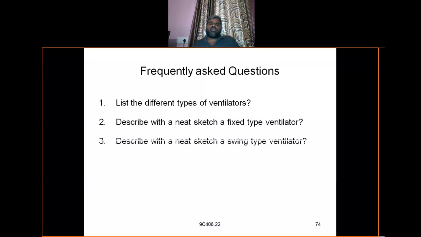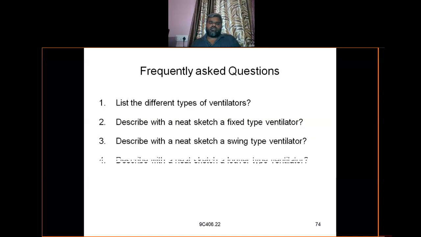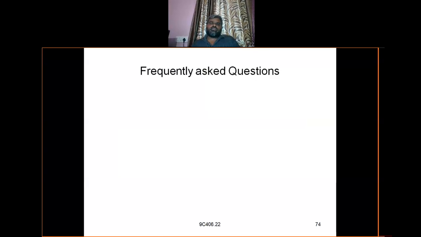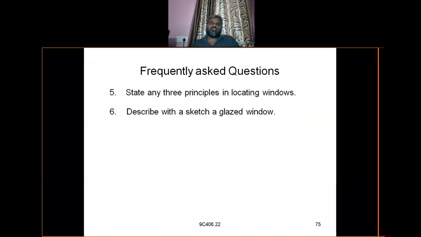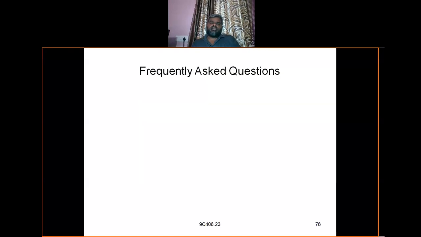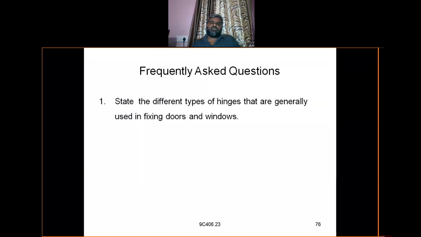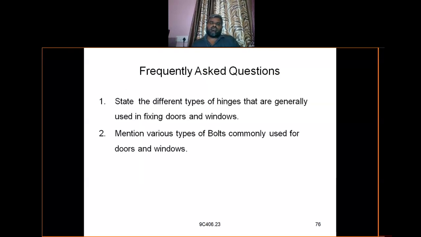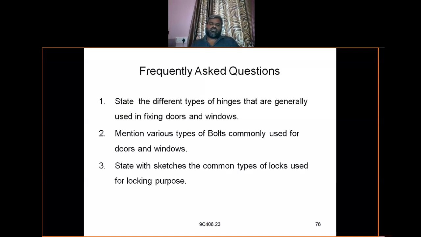Different types of ventilators, swing type ventilator, louvered type ventilators, with neat sketches. State any three principles of locating windows, glazed windows. These are the different questions from this chapter. Also questions on various types of bolts and sketches of different locks for different purposes.